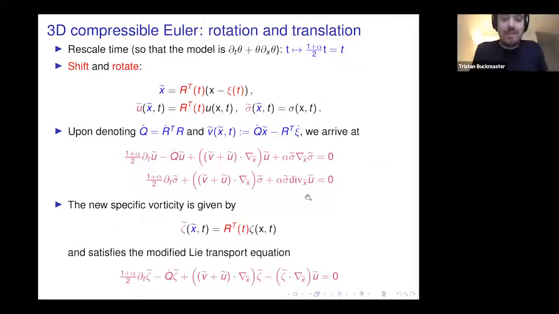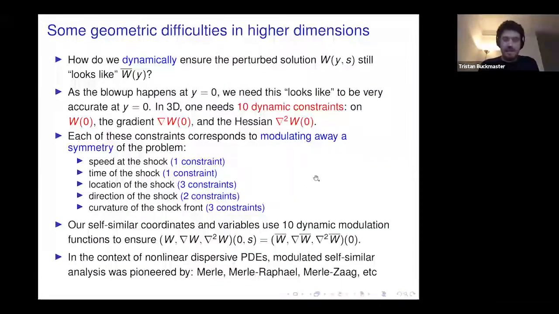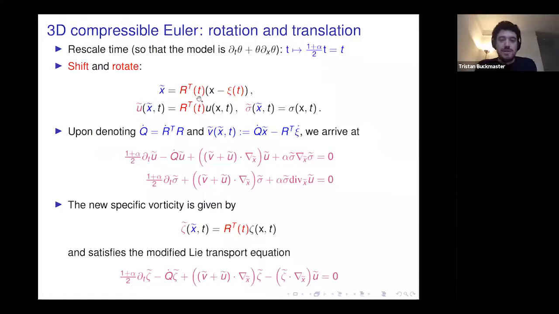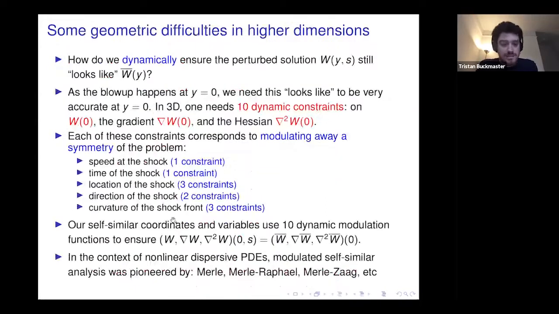I only have a few minutes, so let me briefly describe how I set these different constraints. We have to shift and rotate the coordinates, and this corresponds to the location of the shock and the direction of the shock.